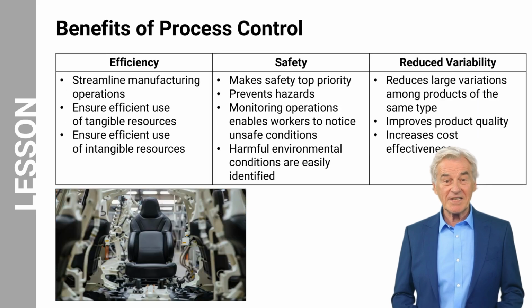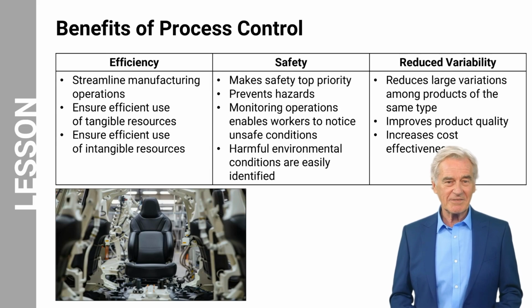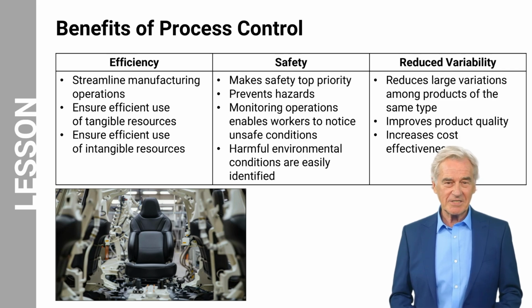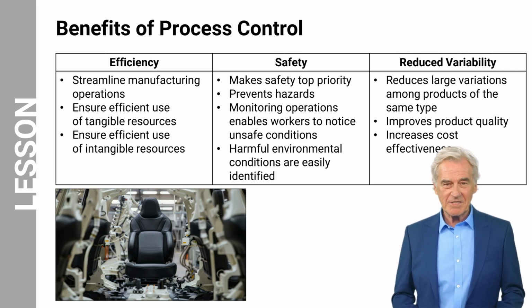The benefits of process control can be categorized into three main areas: efficiency, safety, and reduced variability. In terms of efficiency, process control helps streamline manufacturing operations while ensuring the optimal use of both tangible and intangible resources. Safety benefits are particularly significant as process control makes safety a top priority by preventing hazards and enabling workers to identify unsafe conditions through continuous monitoring of operations.